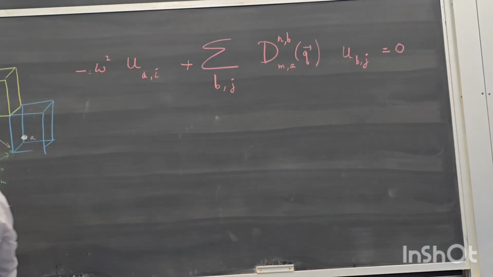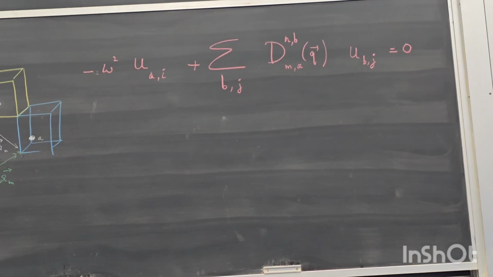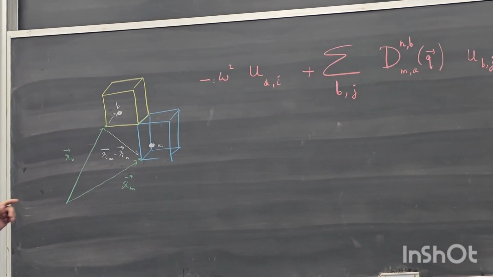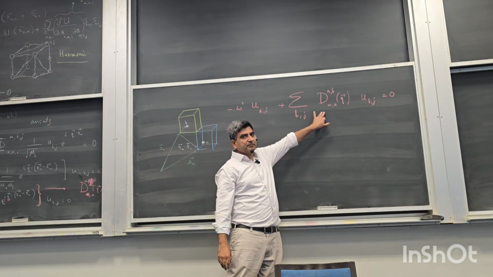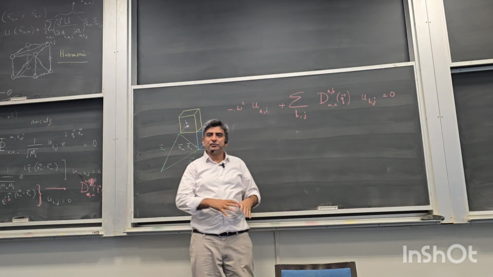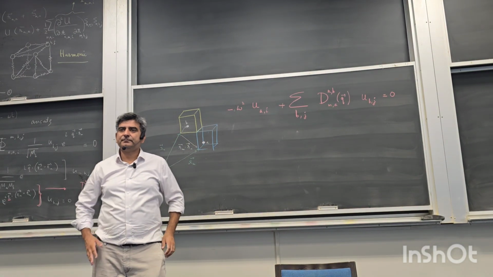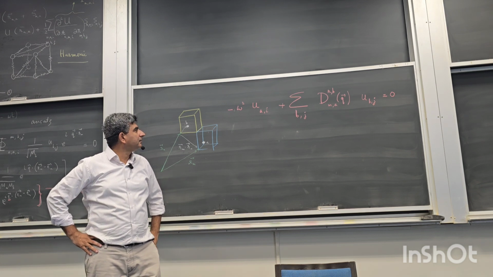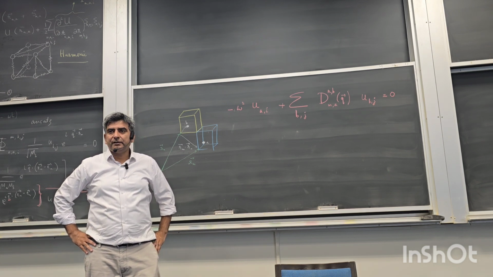So now with this equation of motion, I can look at different kinds of crystal structures. In any case, I would need to find out this dynamical matrix element in order to solve a particular structure. Right?